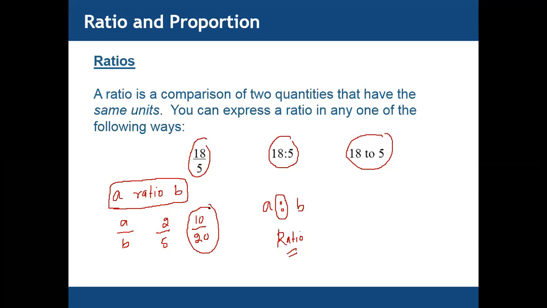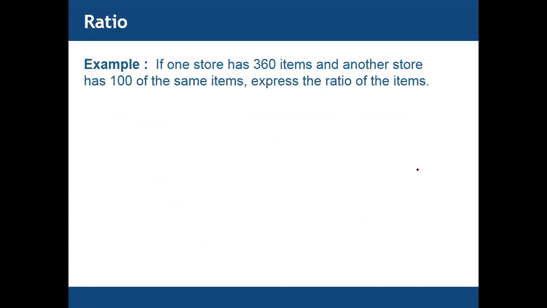We can simplify more. If we divide numerator and denominator by 10, 10 divided by 10 is 1, and 20 divided by 10 equals what? 2. So 1 over 2. Correct? Okay.